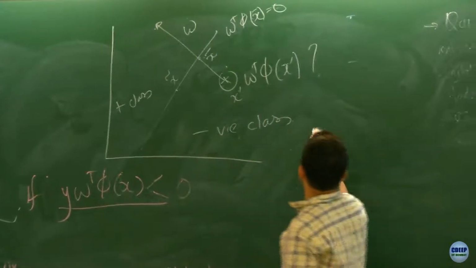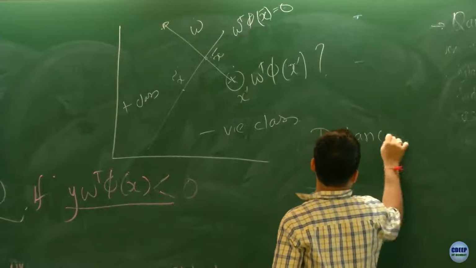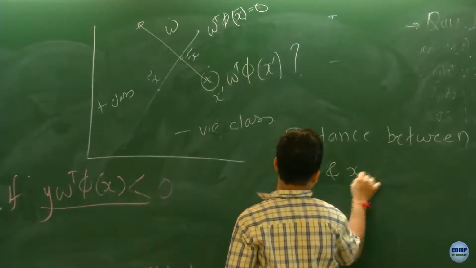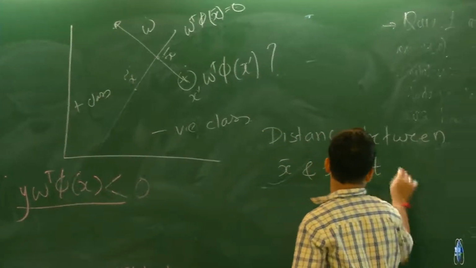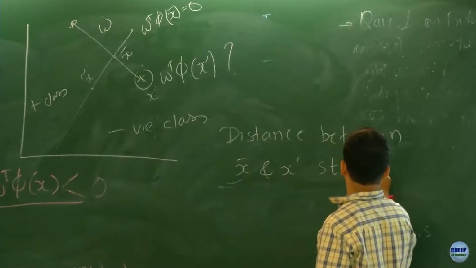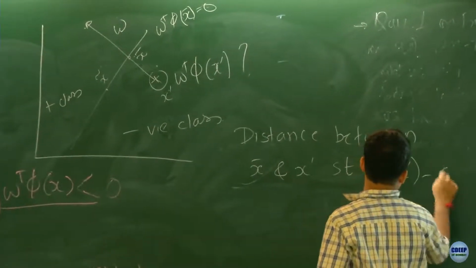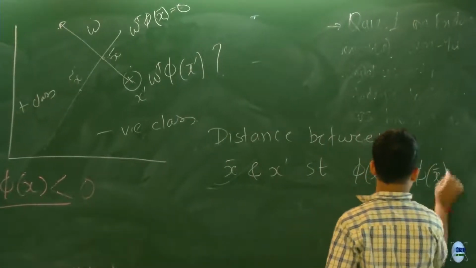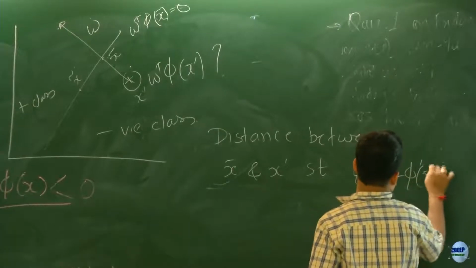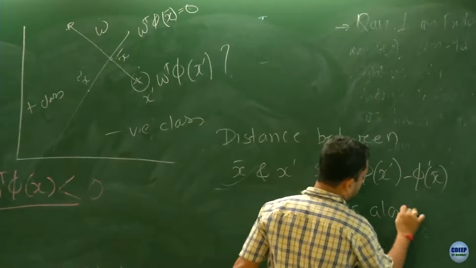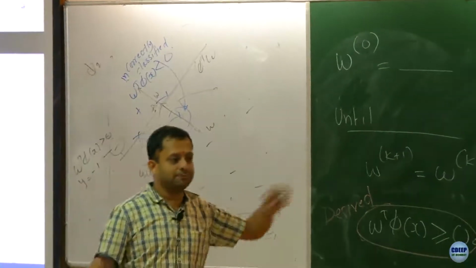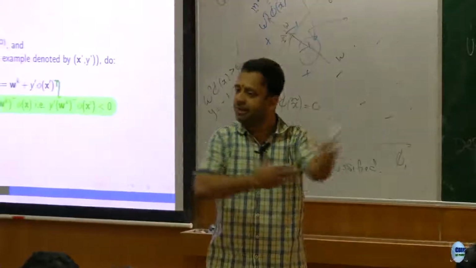my question is, what is the distance between x bar and x prime such that phi x prime minus phi x bar is along W, which means the line joining the vector that connects x bar to x prime is perpendicular to the separating surface.